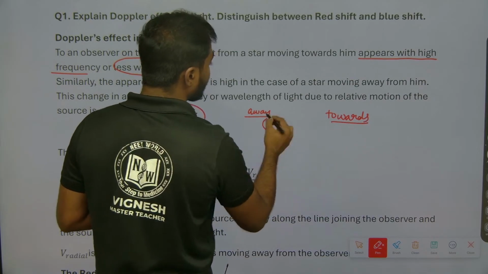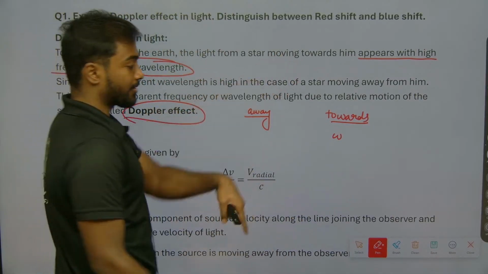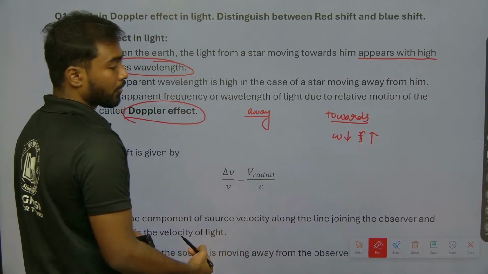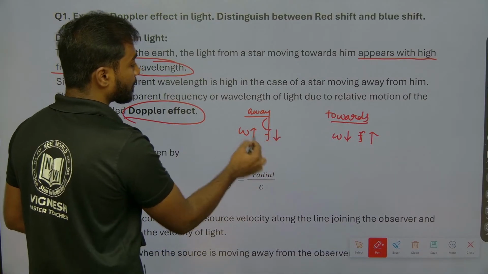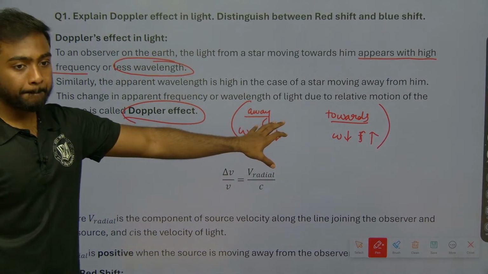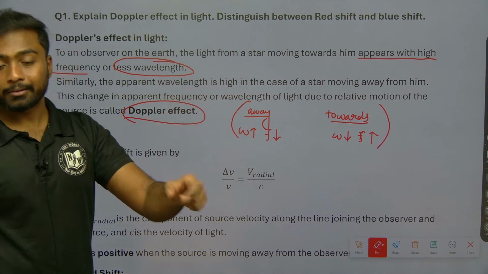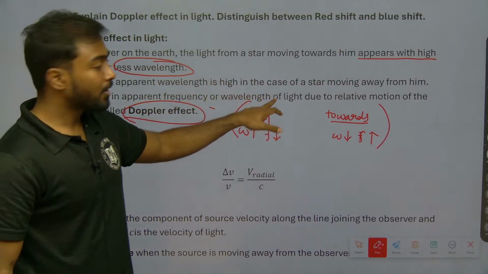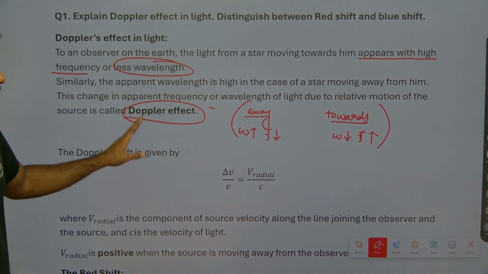For towards, wavelength will be less and frequency more; for away, wavelength will be high and frequency less. Remember these two points, and the third point is relative motion. This change in apparent frequency or wavelength of light due to relative motion of the source is called the Doppler effect.